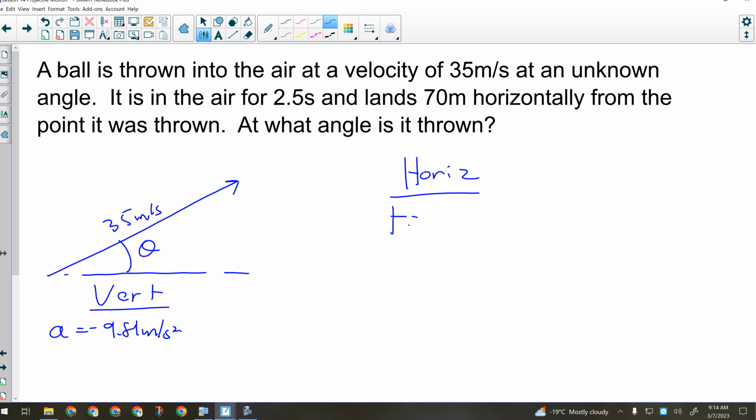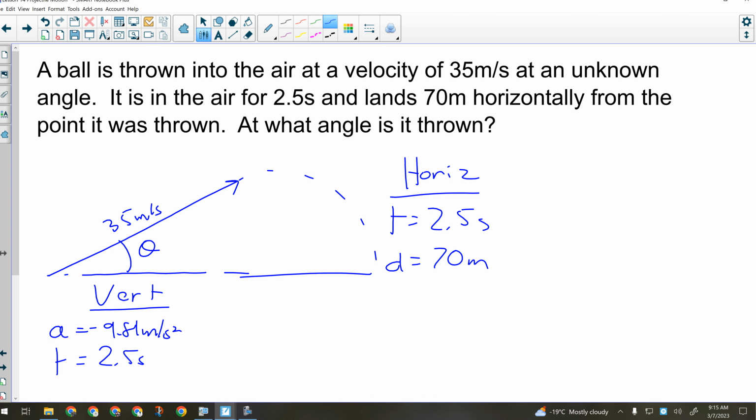They tell me the time, which actually goes over here in the vertical part as well. Not that I'm going to need it, but it can go over there, and it can stay here. And that it travels 70 meters horizontally. So it does this, and that distance there is 70 meters.